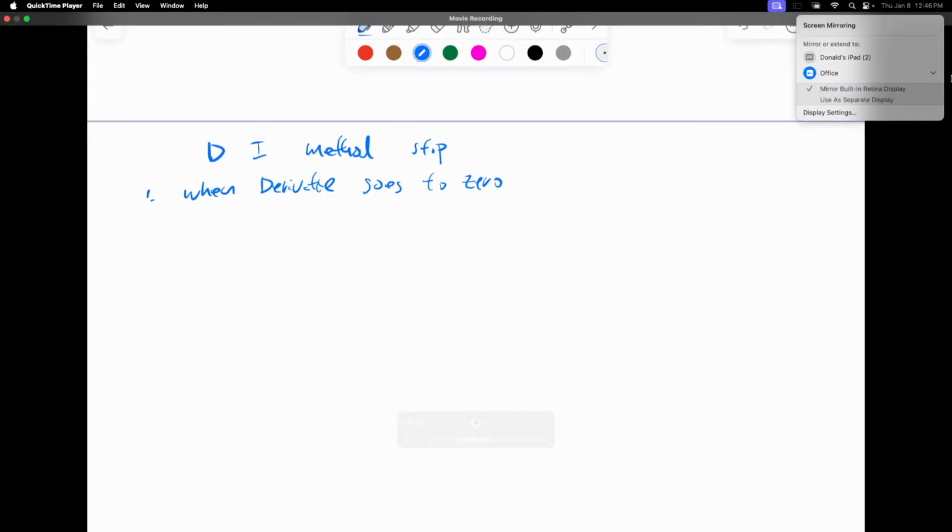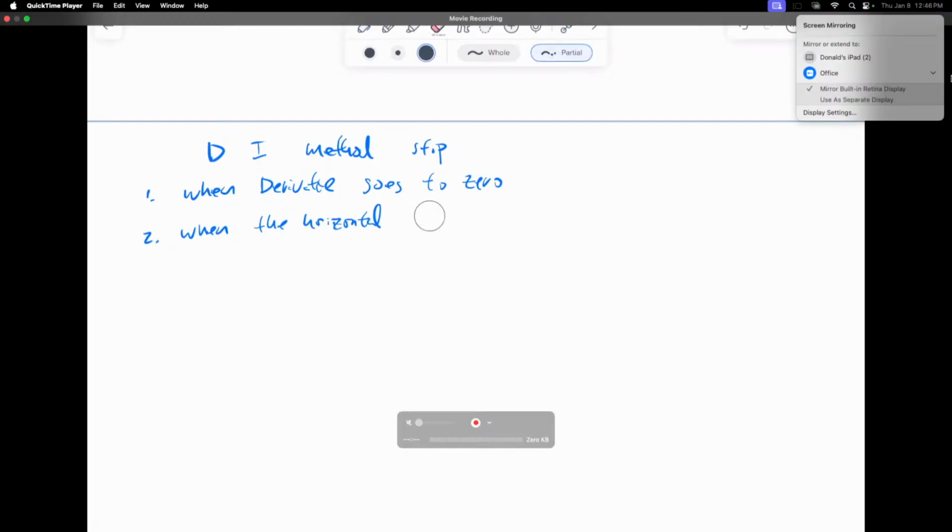Second, you stop when the horizontal multiplied together is integratable.